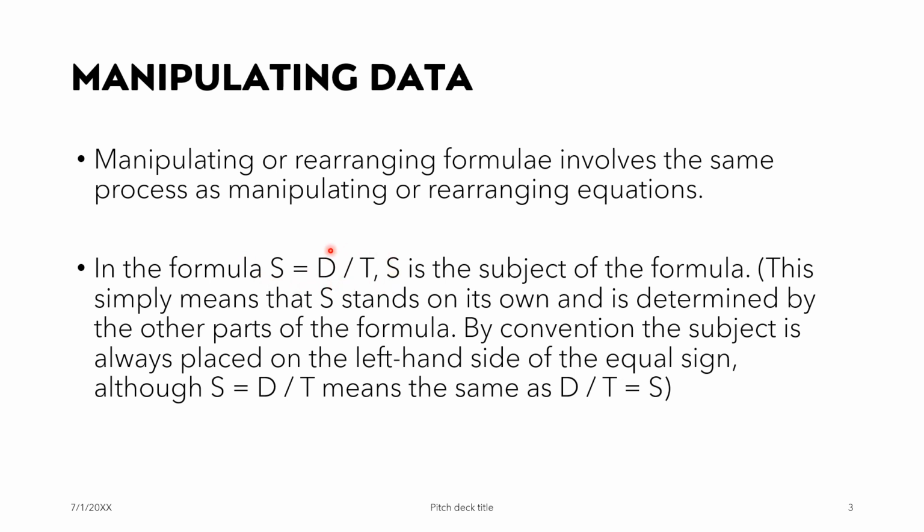What we do in the manipulation of data as accountants is you can reverse that. You can have the formula equal to the answer. So it really is reversing. By convention, the subject is always placed on the left hand side of the equal sign, although S equals D divided by T means the same as D divided by T equals S. So it's just reversing it from left to right, right to left.